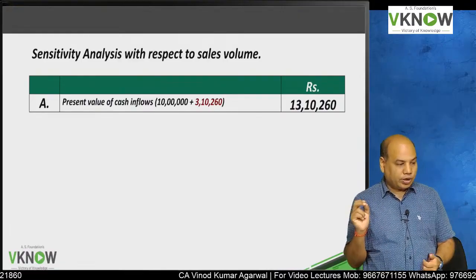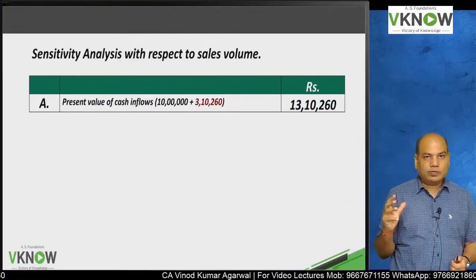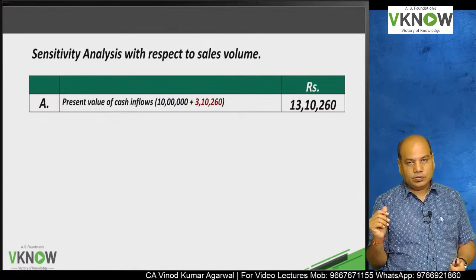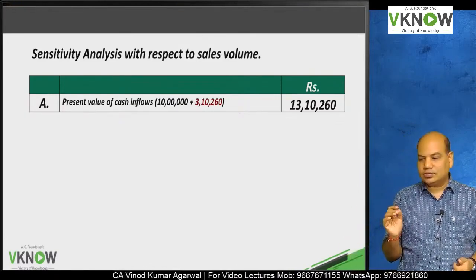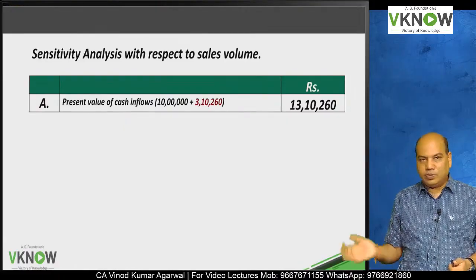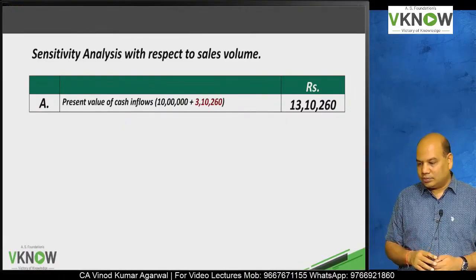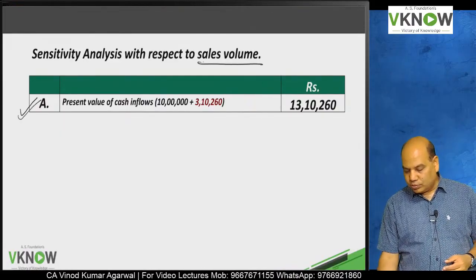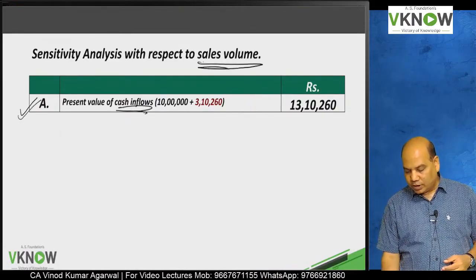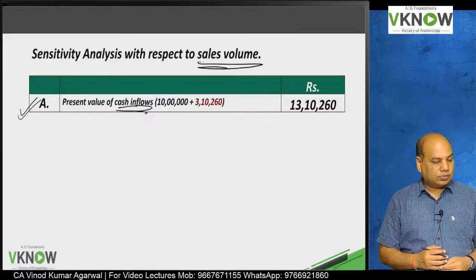NPV I have already computed. Present value of cash inflow will be NPV plus initial investment. Am I right? NPV plus initial investment. Because my sales volume is going to affect my cash inflow.